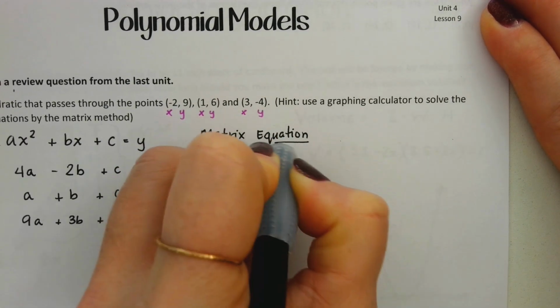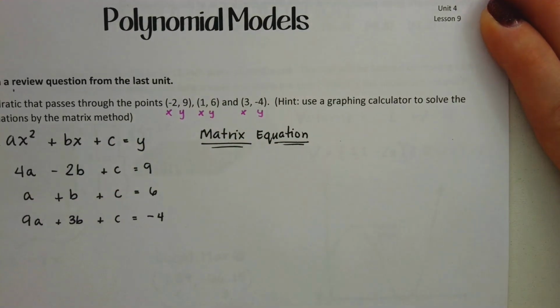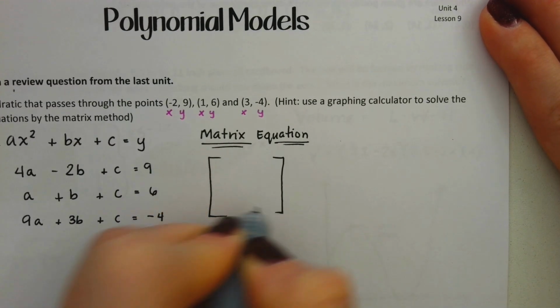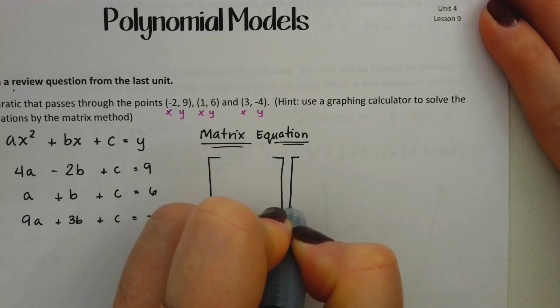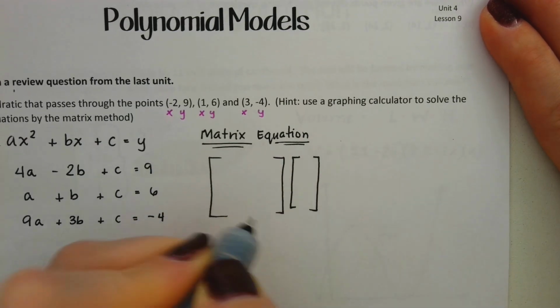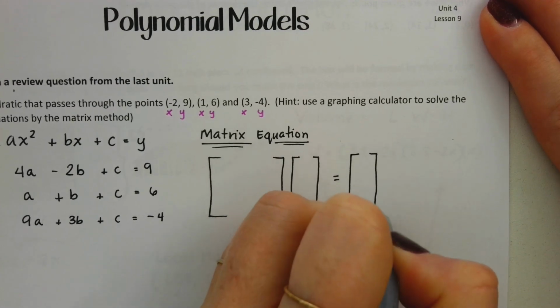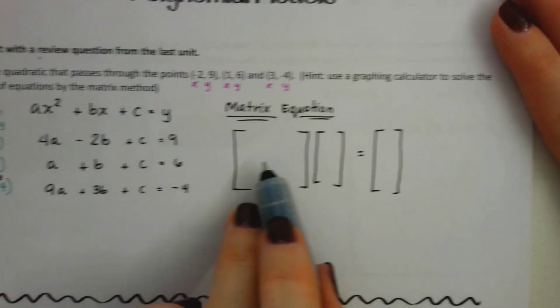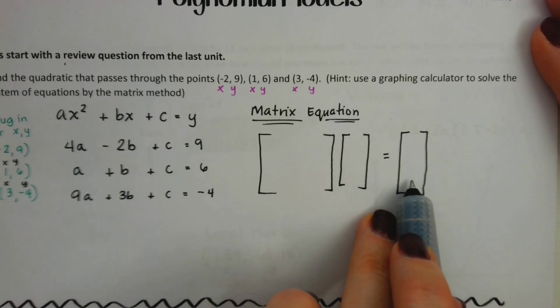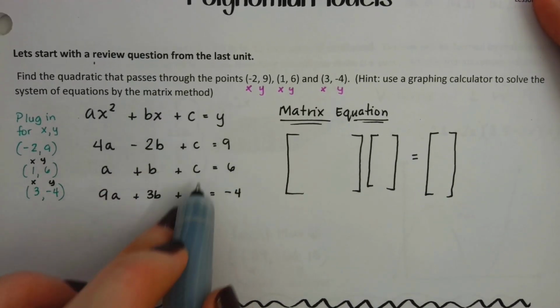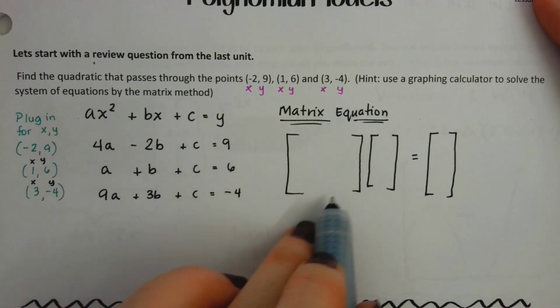And I'm just going to remind you there's 3 parts to a matrix equation. There's the first one, which has your coefficients. And then we have the variable matrix. And that's equal to the constant matrix. Coefficients, variables, constants. So I'm going to take the coefficients off of my variables here and write them in my coefficient matrix.